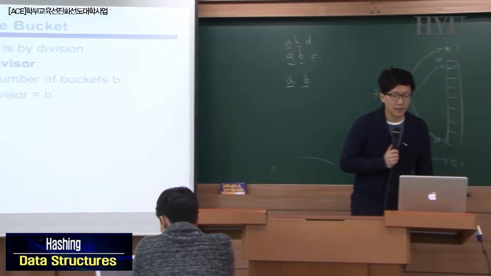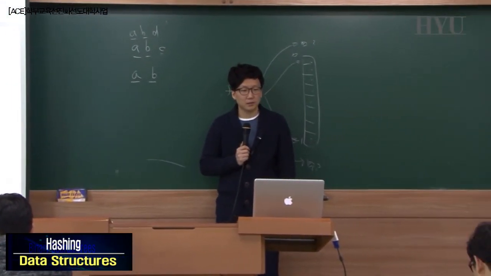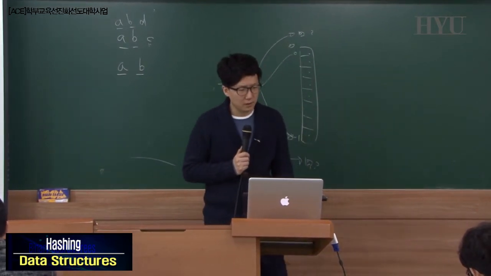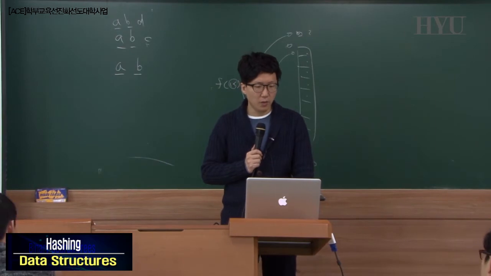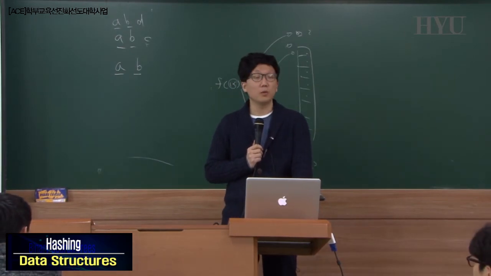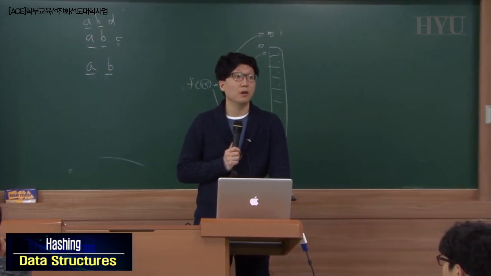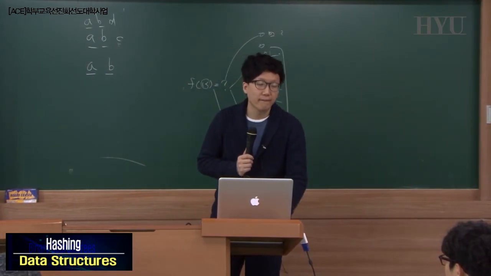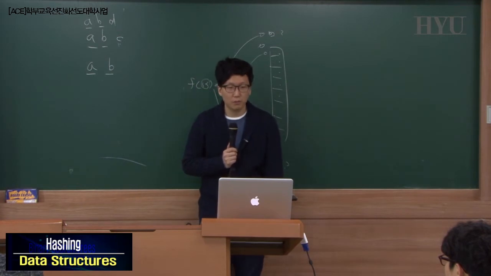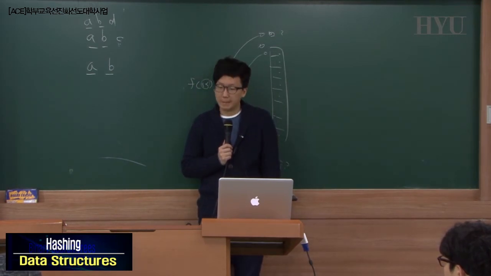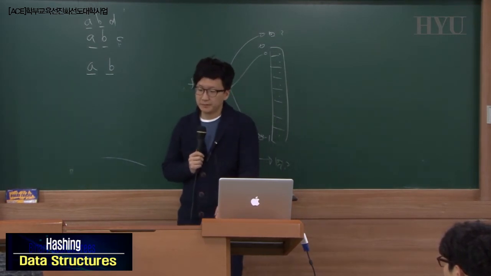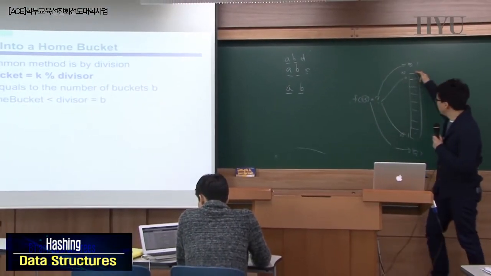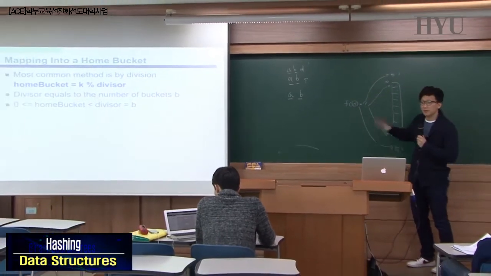Home bucket of K equals K modular divisor, where the divisor equals the number of home buckets. This is the modular approach that we have looked at so far. A hash function is much more common way of doing it. So the home bucket is in the range 0 to divisor minus 1, hopefully between 0 and B. Okay, that's what it says.